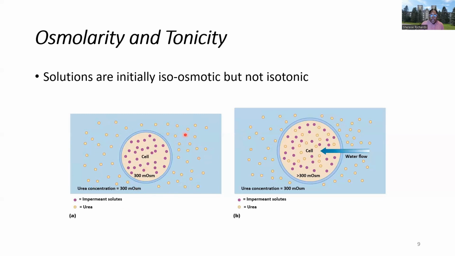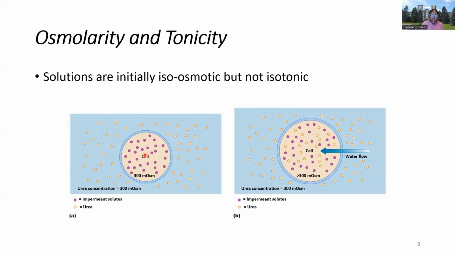So here we can think about the same number of solutes displaced. So there's 300 milliosmoles inside, 300 milliosmoles outside. Now, the difference here is that urea is able to move through the membrane, whereas the impermeant solute in purple cannot move through the membrane.